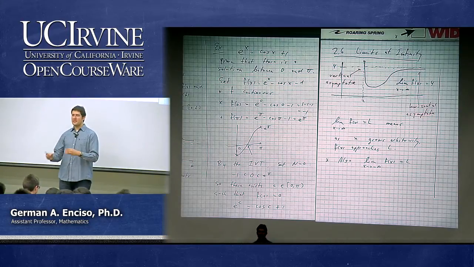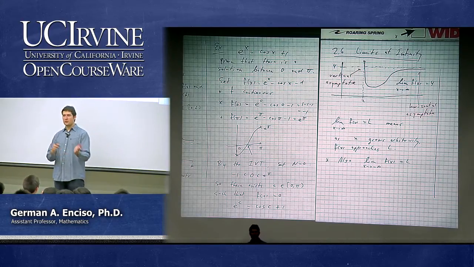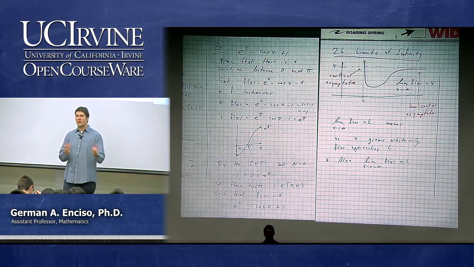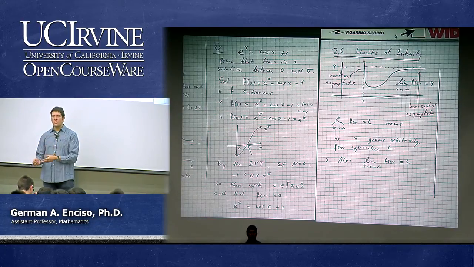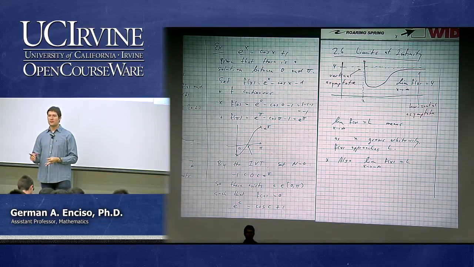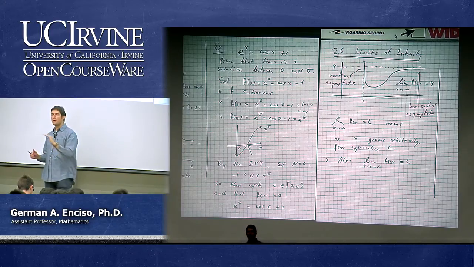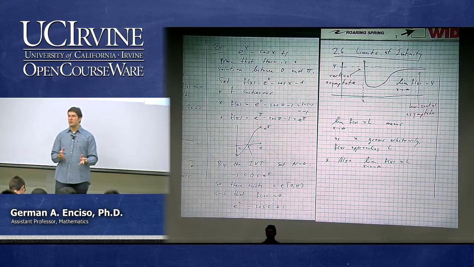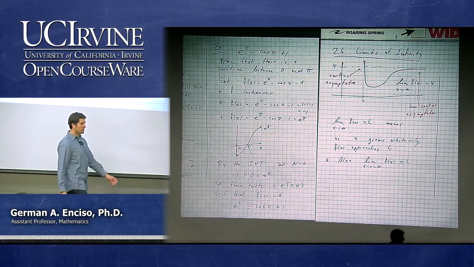So every time we talked about a concept, I've tried to draw it first graphically and then using equations. We did this with continuity, with limits, with asymptotes, and now we're going to do this again with horizontal asymptotes. So you can see in the graph what a horizontal asymptote is. Now let's talk about how to compute the limit of a function when x goes to infinity.